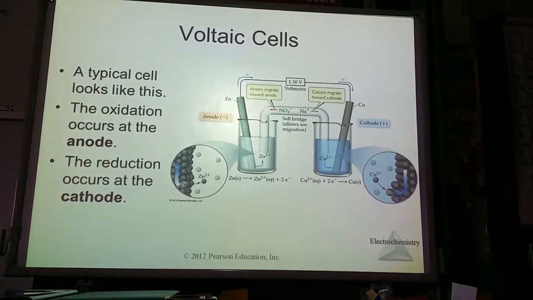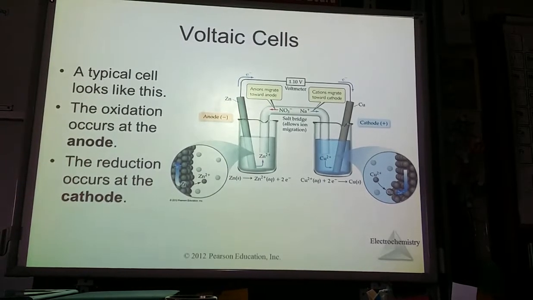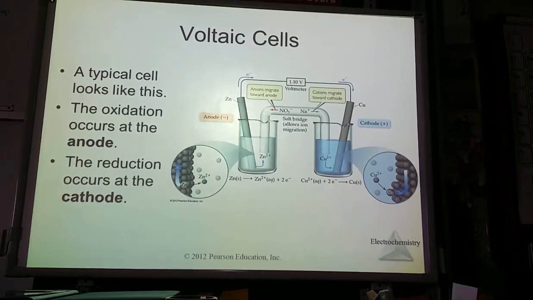So since I'm losing electrons there, I'm building up all of these electrons so that they can travel through this external pathway over to the cathode side, which doesn't have a net negative charge. So the cathode then we're going to deem with a positive charge. So anode will always be our negatively charged terminal. Cathode will always be our positively charged terminal.